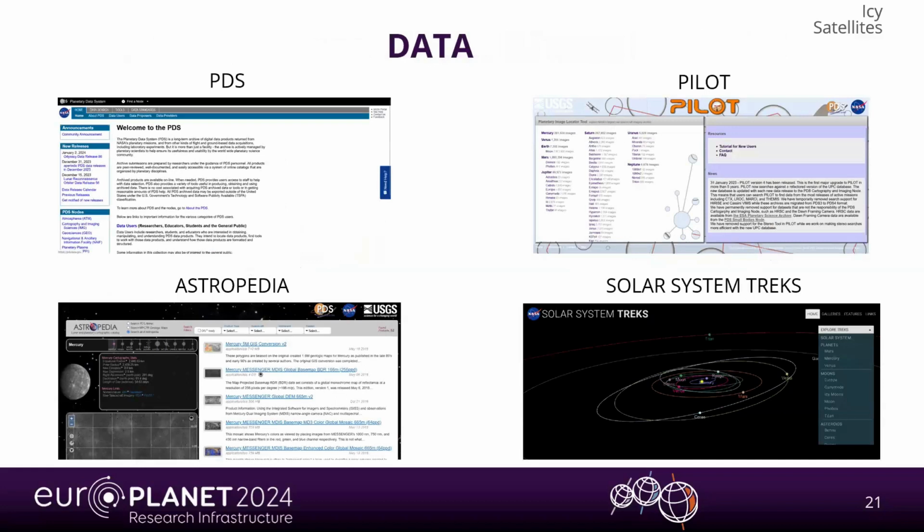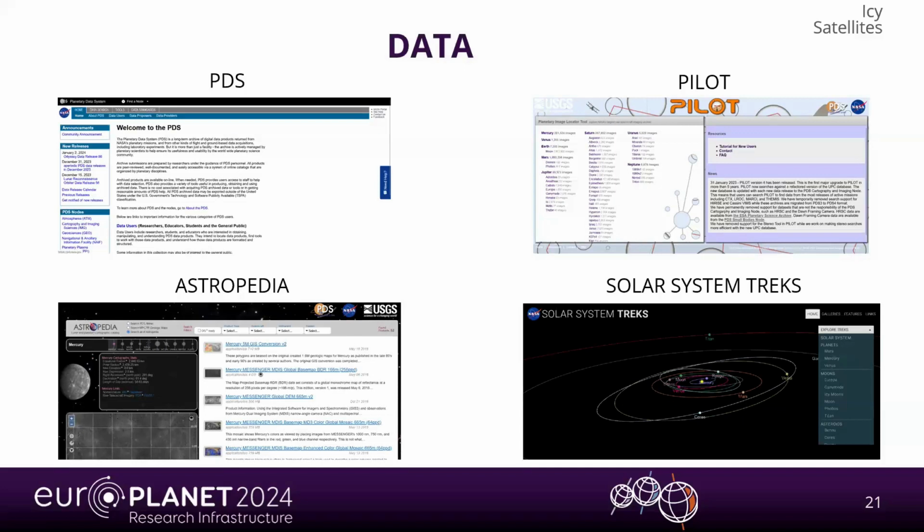So you can find the data of the icy satellites from past and current missions online. I think Riccardo already mentioned on Monday such websites. One is the Planetary Data System, an archive of digital data products from NASA planetary missions.